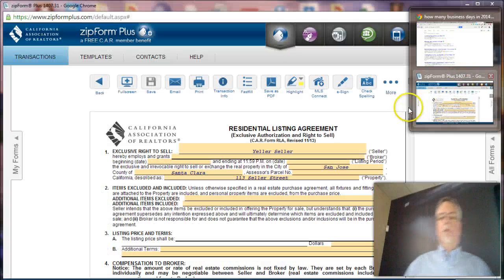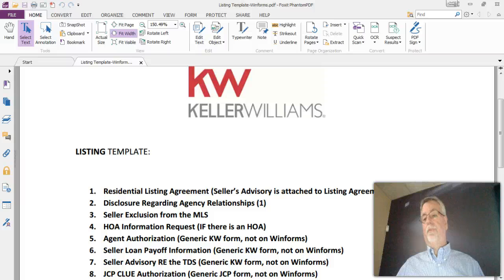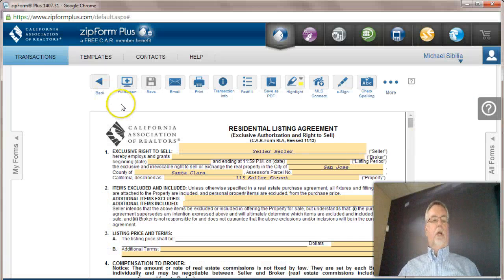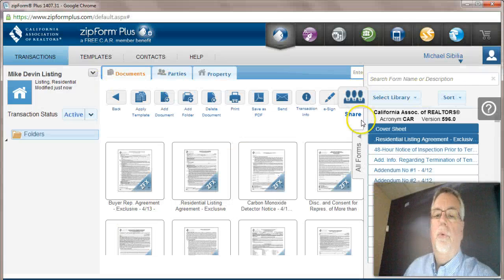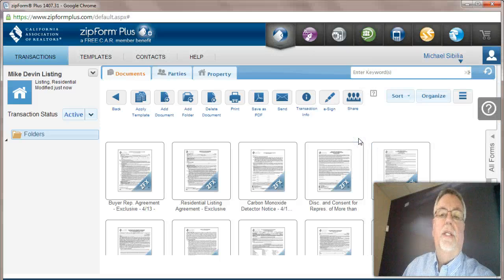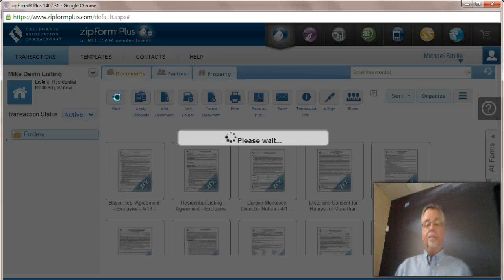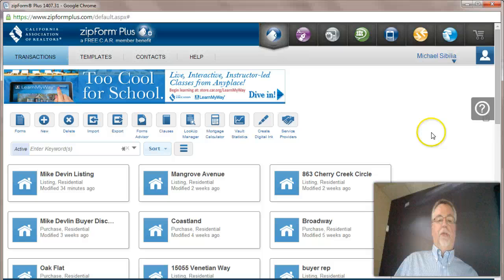So what you want to do is create a template. I'm going to log out. This is what it would look like in Zip Forms if you're starting from scratch. You would click on the button that says New.